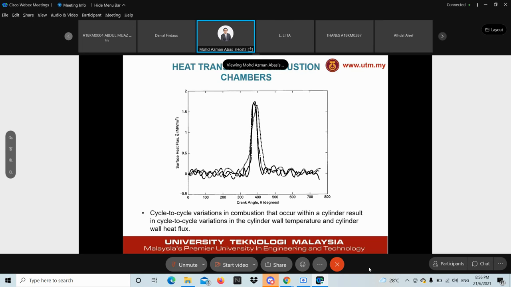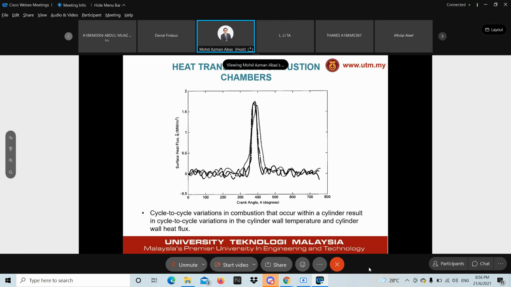In other words, this diagram basically wants to describe that the heat transfer and also the cylinder wall temperature vary from cycle to cycle. So you can see that the variation is quite large.